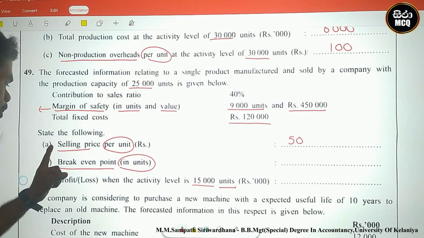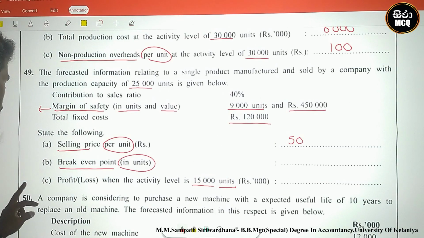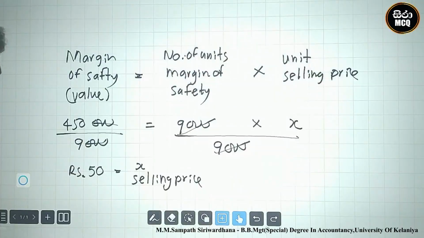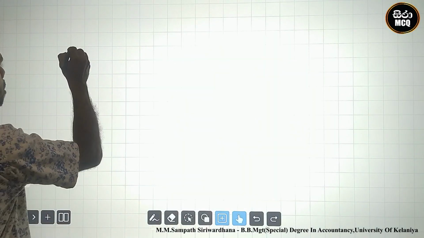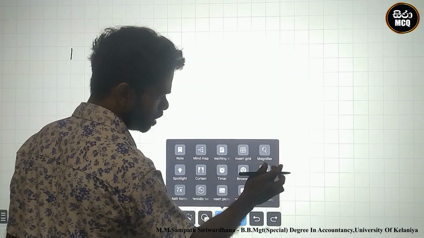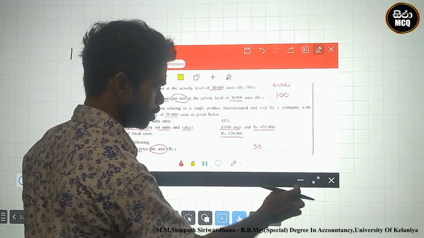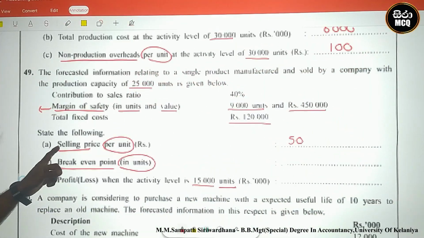Next, the break even point. What is the equation of the break even point in units?